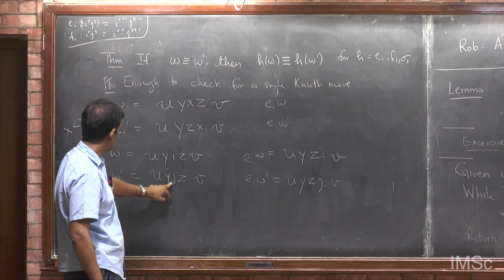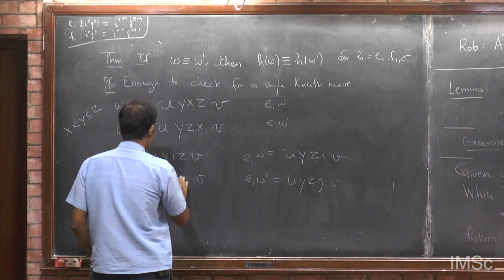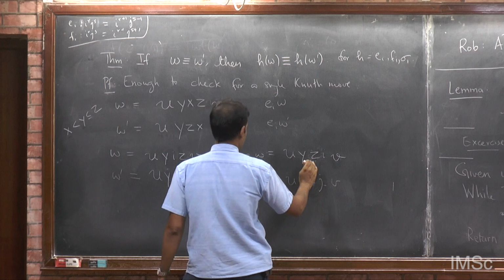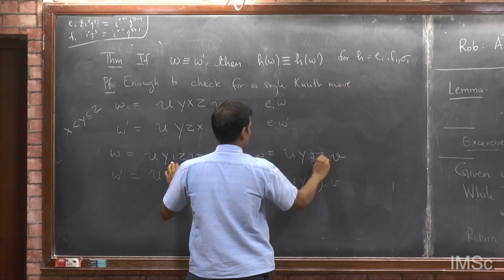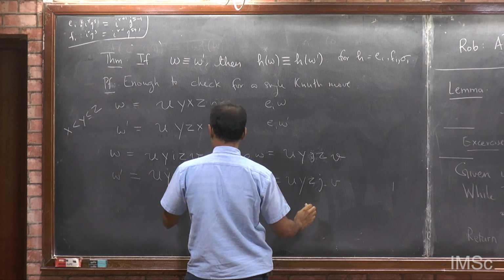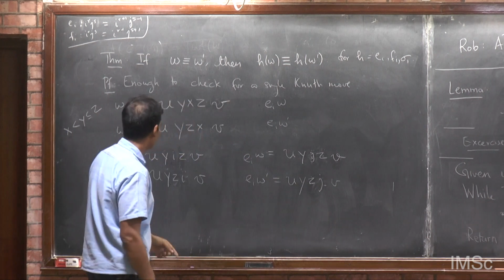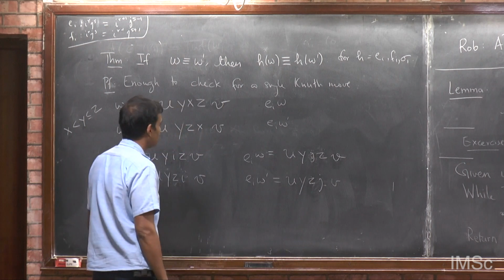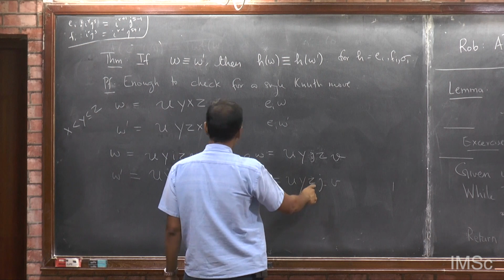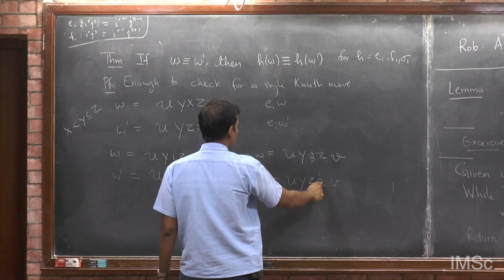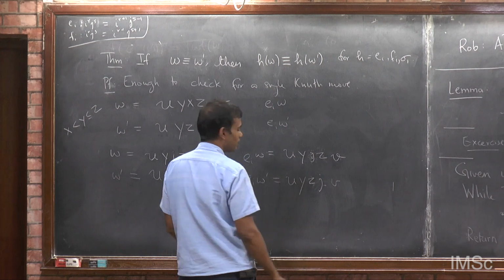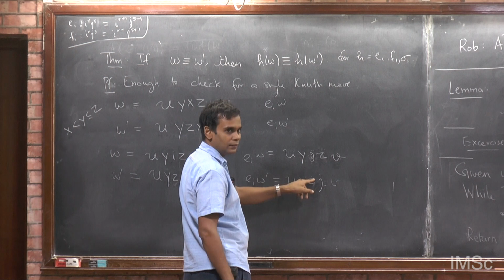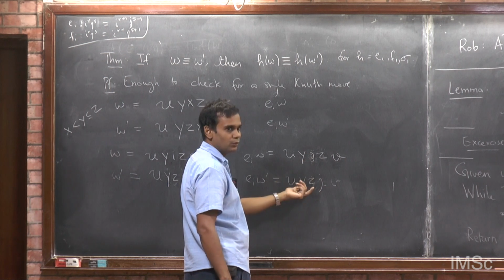Sorry, I've swapped the Knuth and these things: z I, y j z, and y z j. That's still okay. So the question is, are these two Knuth equivalent? What has happened is that this I has been replaced by a j, but it's implicit here that j is not equal to z. In that case, these are still Knuth equivalent.